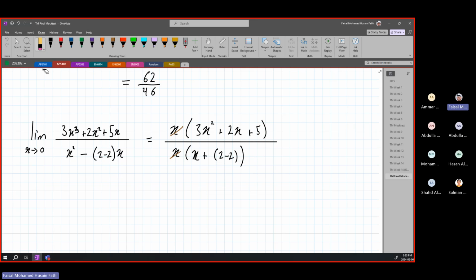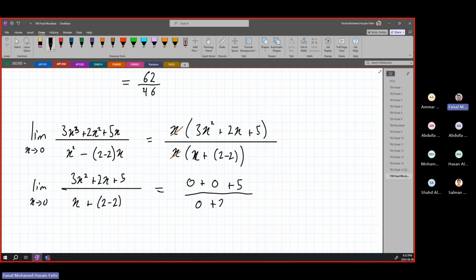So when you do the limit as x goes to 0 of this function, which is 3x squared plus 2x plus 5 over x plus 2 minus 2, for example, then this is going to give us 0 plus 0 plus 5 over 0 plus 2 minus 2.